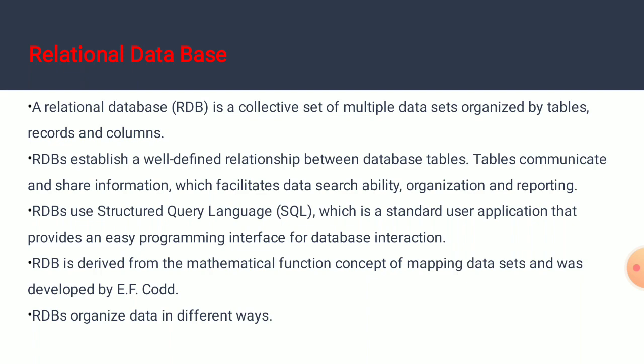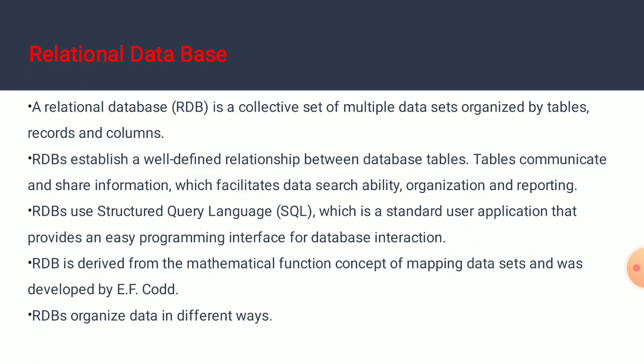RDB uses SQL, structured query language, which is a standard user application that provides an easy programming interface for database interaction. RDB is derived from the mathematical function concept of mapping data sets and was developed by E.F. Codd, who gave the concept of relational data model and introduced 12 rules which any standard database can follow to be known as a relational database.